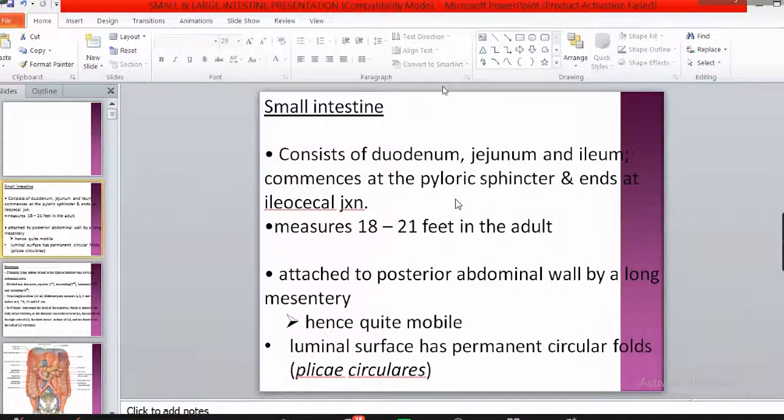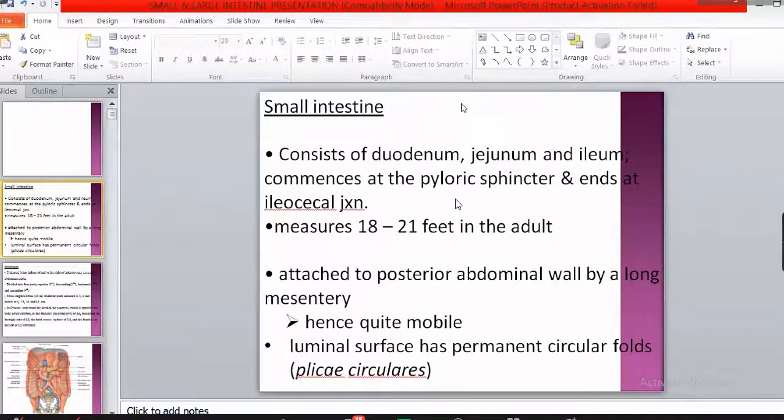Now, the linings of the small intestine, as we shall see in coming lectures when you look at histology, differ from the stomach, whose main function is churning to mechanically break down food.